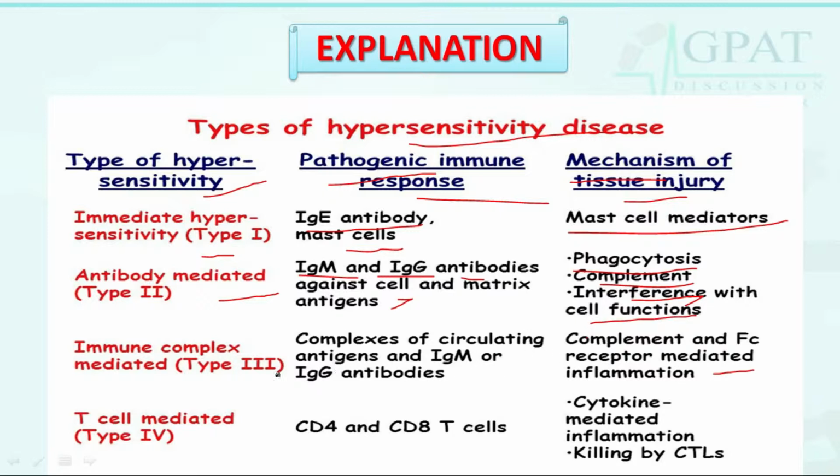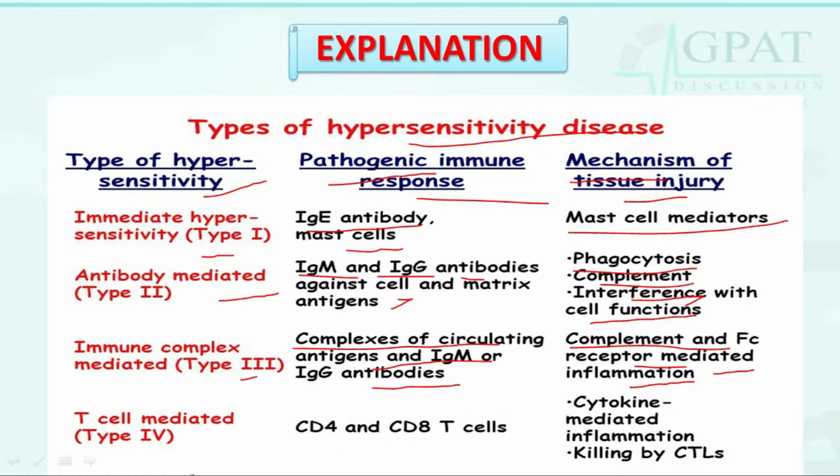The third one is immune complex mediated, type 3. What is the pathogenic immune response? Complexes of circulating antigens and IgM or IgG antibodies. And what is their mechanism? Complement and Fc receptor mediated inflammation. There is inflammation in this.